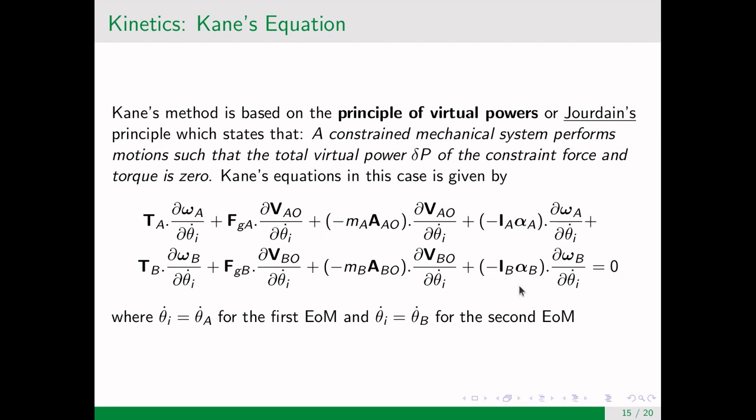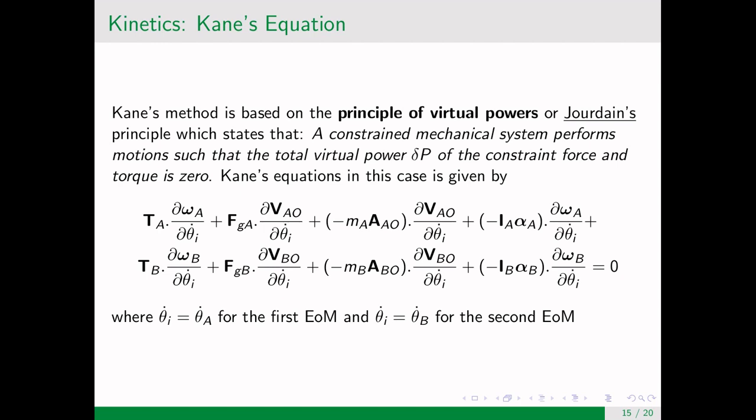Okay. So this is the total virtual power for each of the forces that are acting on the system. So we don't take into account the reaction forces because we are looking at the entire system as a whole. Okay.